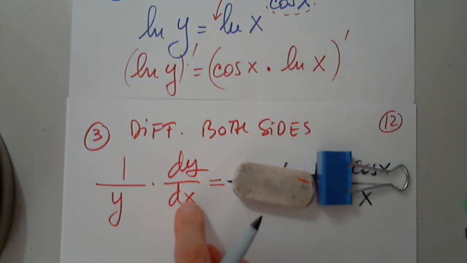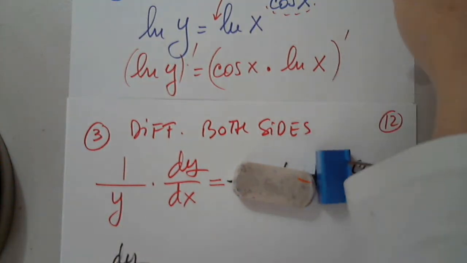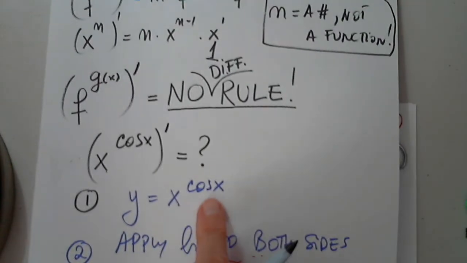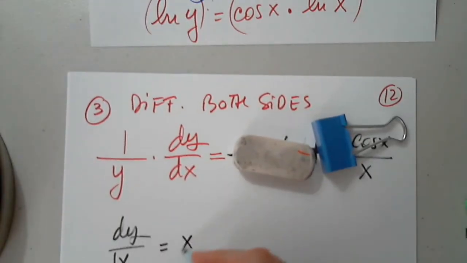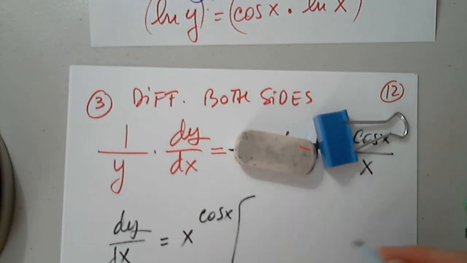I need to solve for dy over dx. What should I do to both sides to get dy over dx by itself? Multiply by y. Good. I will multiply by y, but I will not write y. I will write x raised to cosine x. So x raised to cosine x.